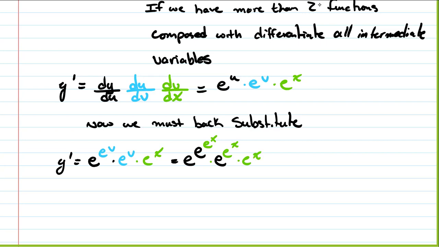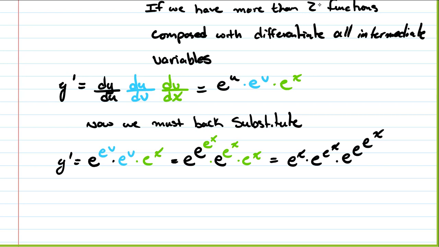So then finally, after back substituting out both u and v, we get e to the x times e to the e to the x times e to the e to the e to the x. So the derivative of e to the e to the e to the x is e to the x times e to the e to the x times e to the e to the e to the x. I don't know why that one makes me so happy. It's like this tower of e's. It's beautiful. That pattern holds, by the way.